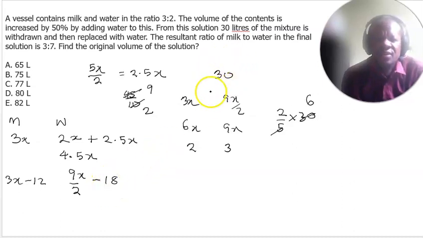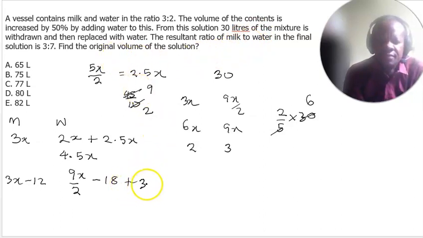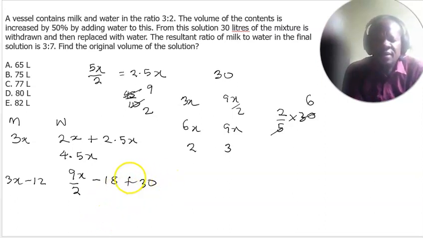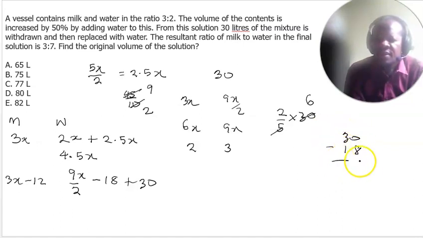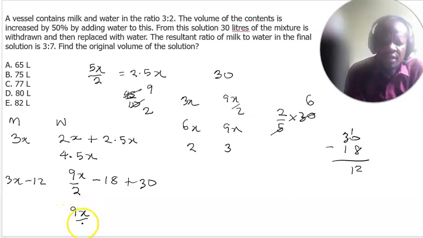You withdraw 30 liters of the mixture and then replace that with water, so plus 30. 30 minus 18 is 12. So the new volume of water in the mixture will be 9x/2 plus 12. And the new volume of milk in the mixture will be 3x minus 12.